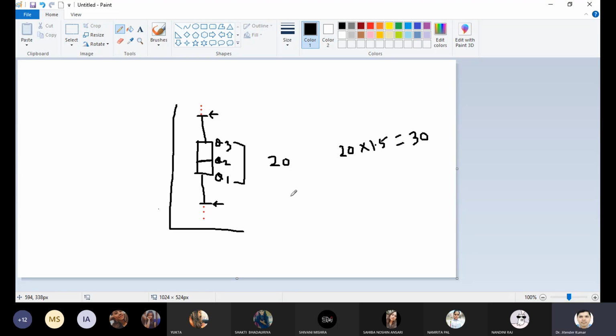So subtract this 30 from Q1, क्योंकि स्केल नीचे जा रहा है ना यहाँ पे, तो Q1 से नीचे का देखना है तो Q1 से हमें सब्सट्रैक्ट करना होगा 30 को.